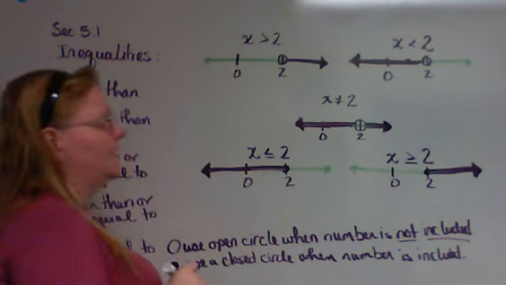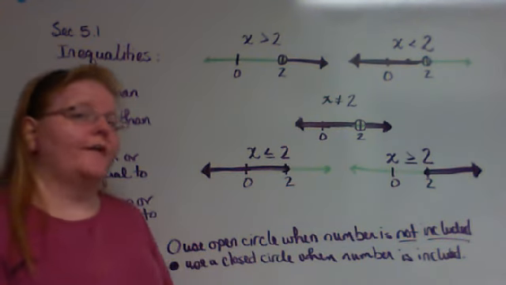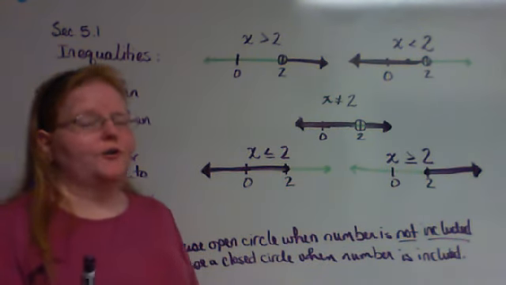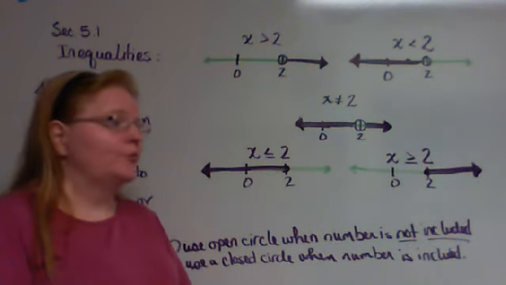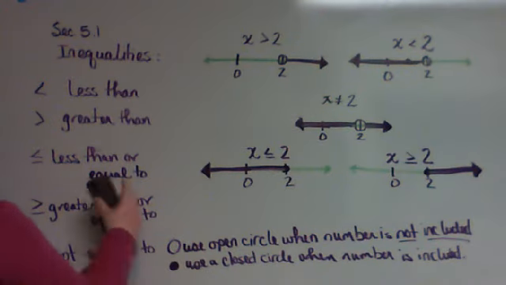So when we have not equal to, every number gets shaded except for that one number. That's because if we were graphing x is equal to, it would just be that one dot on the 2. Okay, let's do real work now. Make sure you got that.